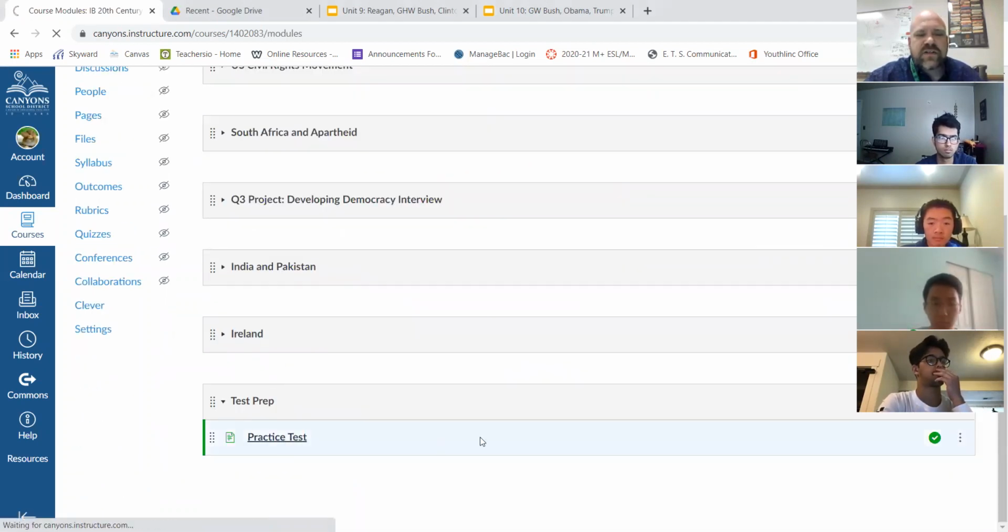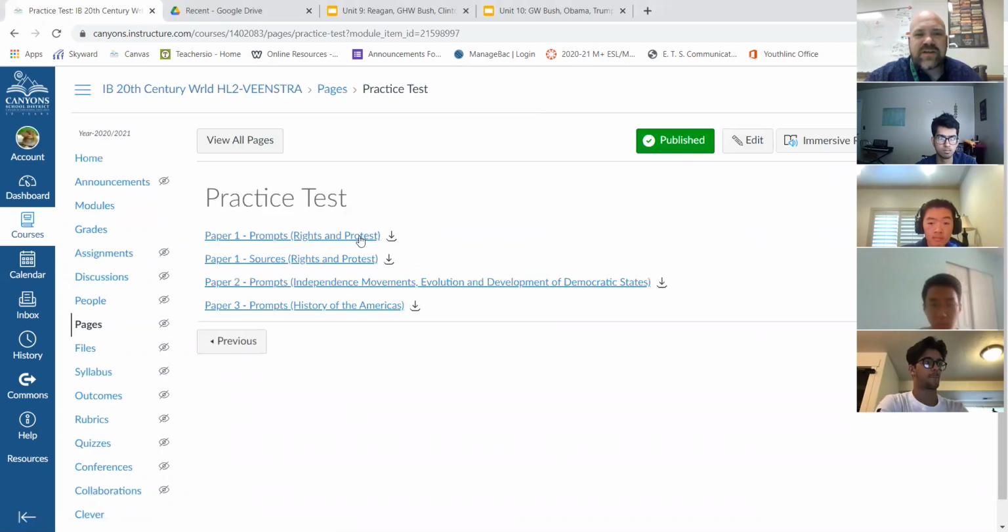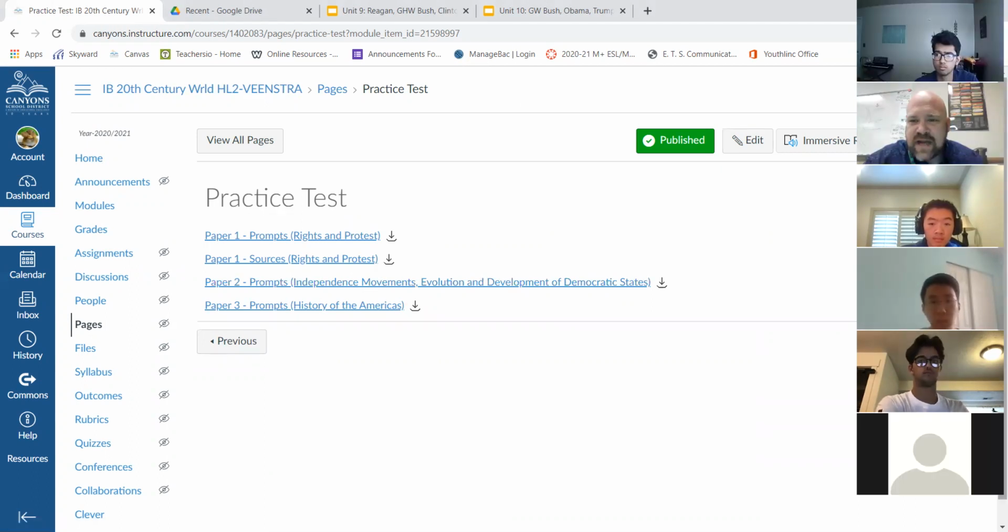This first is a page of a practice test. This is a test that came from the 2018 test. This is an actual test, not one that I made up.